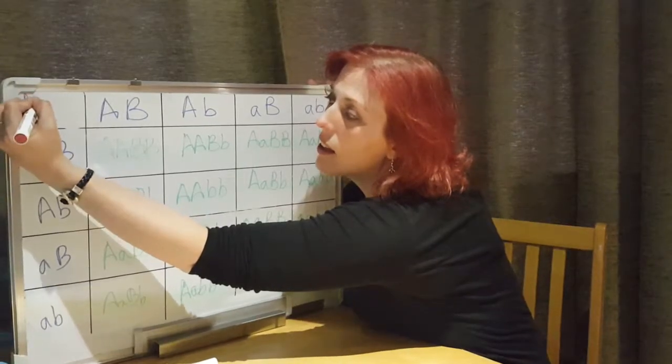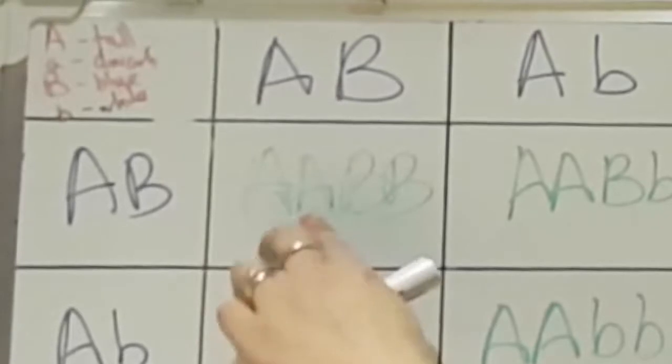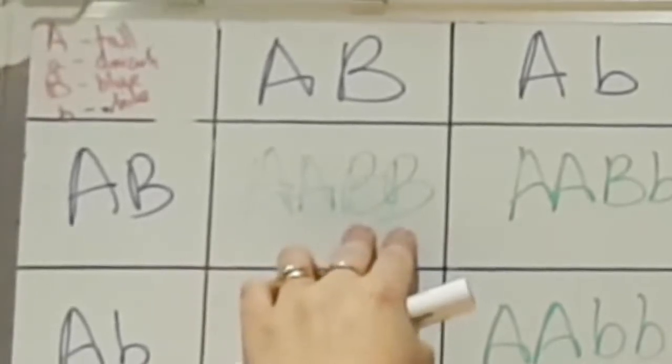So A is tall, little a is a dwarf, big B, let's say this is a nice blue flower, and little b are white flowers. So if we look at the genotype here, we've got both the dominant alleles, so it's going to be tall, and it's also going to be blue.